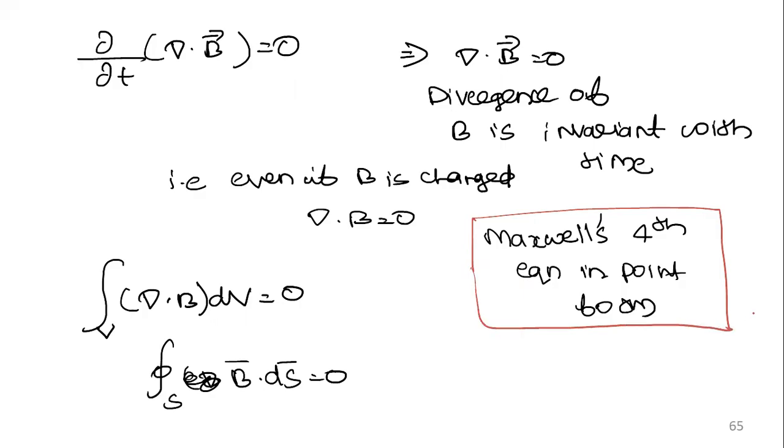So we have seen all the four cases, and I will just summarize all the four now and relate that to static field. So now we have seen everything for a time varying field, and now I will summarize them and then give you an idea how it will be for a static field also.